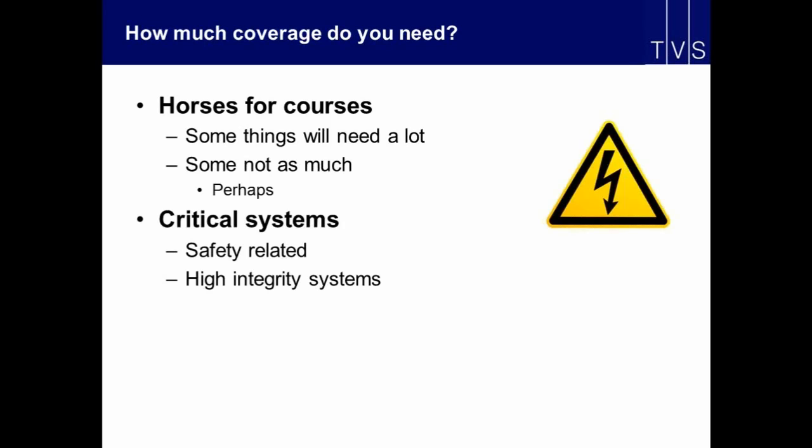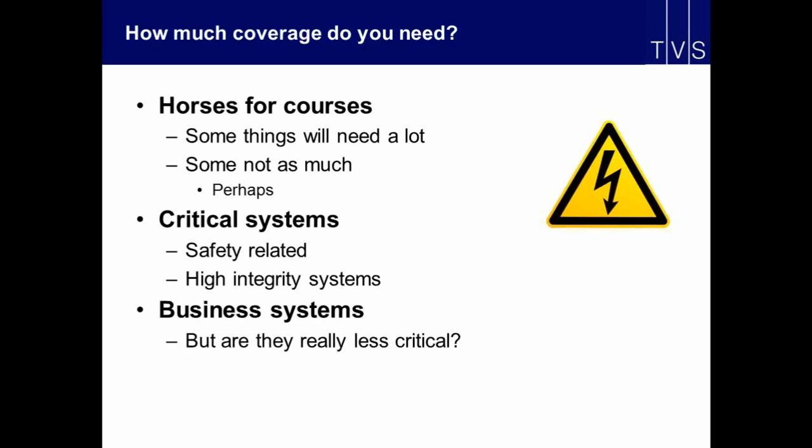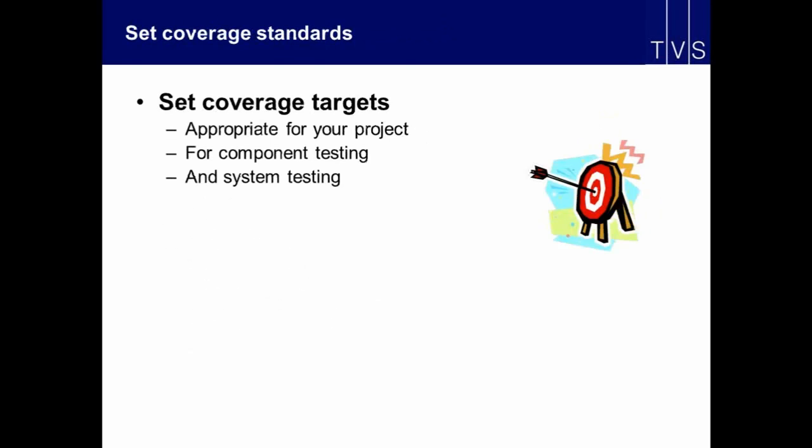Critical systems, safety and so on, need a lot. Business systems perhaps need less, but actually, do they really need less? Do you actually care less about something that you're putting in front of your customer? I suspect a lot of the time you probably want a higher level of coverage than you think. So set yourself a project target that's appropriate for your project, both for component level and for system level.